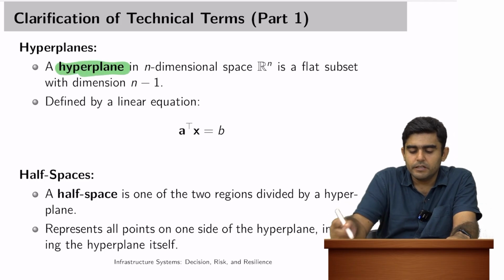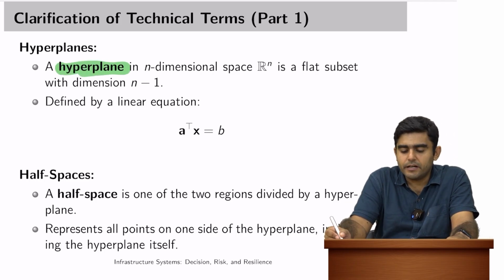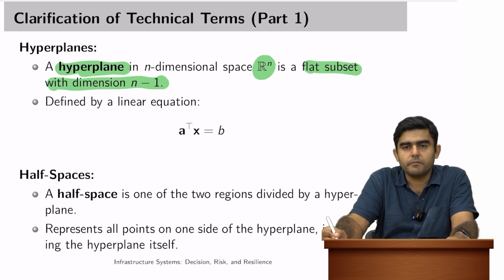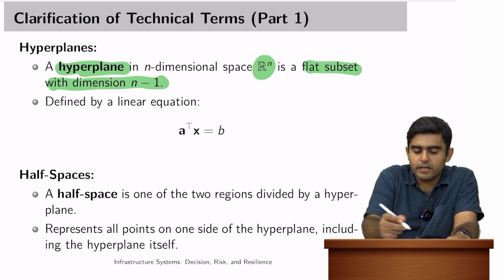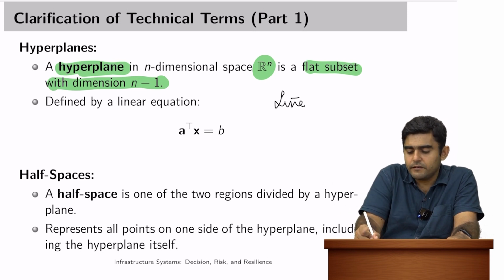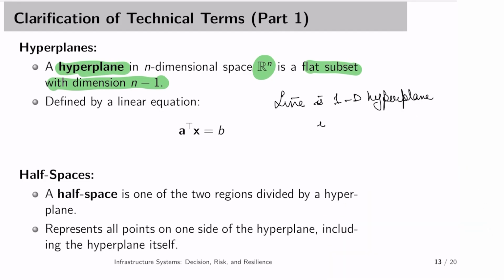Later, when we move to higher dimension problems, we would also introduce a term that we call a hyperplane. So a hyperplane in n dimension space Rn is a flat subset with dimension n minus 1. To put it simply, a line is a one dimensional hyperplane in 2D space.